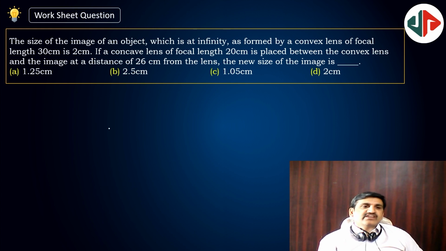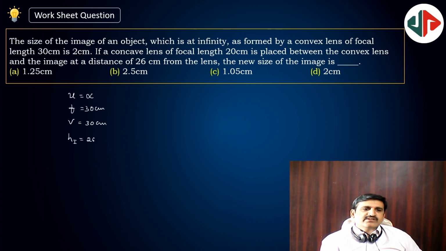The size of the image of an object which is at infinity is formed by a convex lens of focal length f equal to 30 centimeters. Object is at infinity, then the image also will be formed at 30 centimeters, the focal length only, and the image height hi is equal to 2 centimeters. Now a concave lens of focal length 20 centimeter is placed between the convex lens and the image. Let me draw the initial picture.